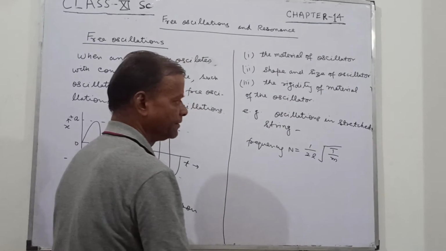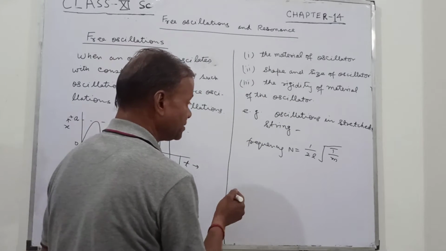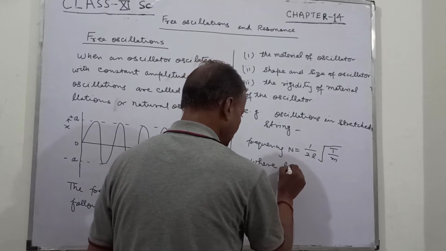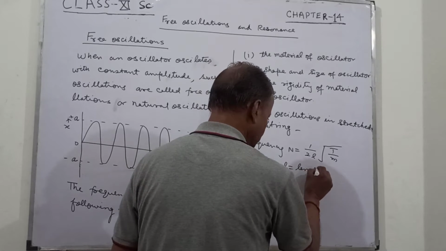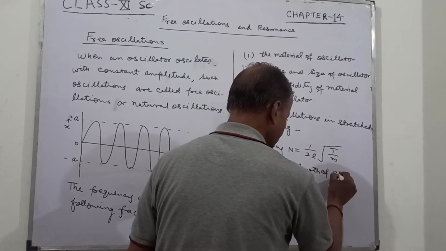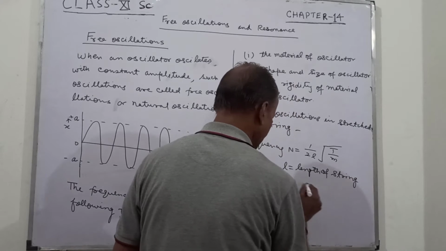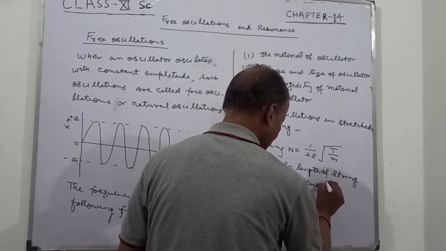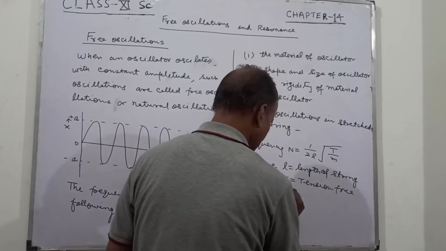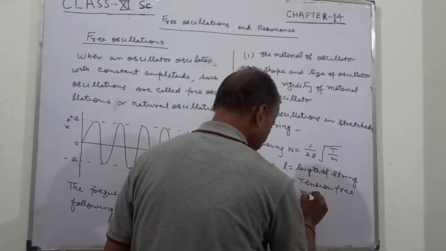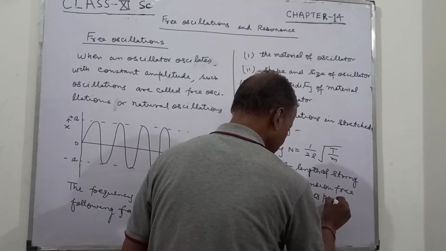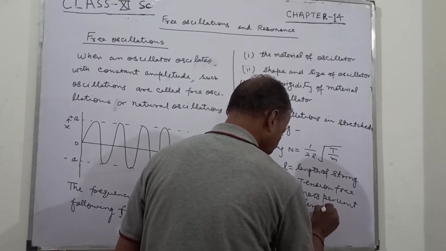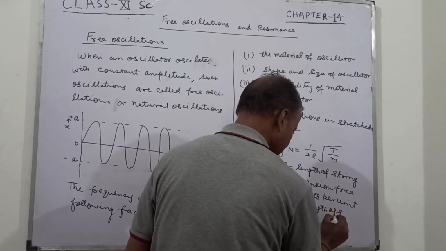This is the natural frequency, where L is the length of the string, T the tension force, and m the mass per unit length of the string.